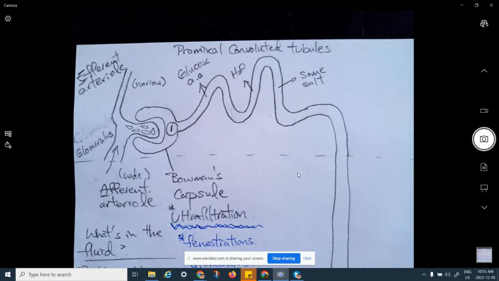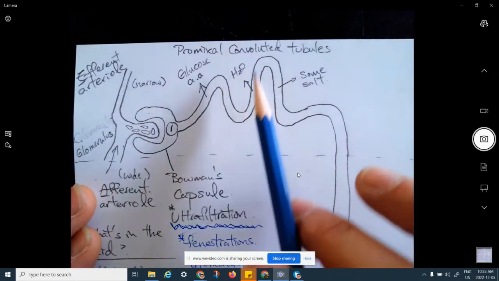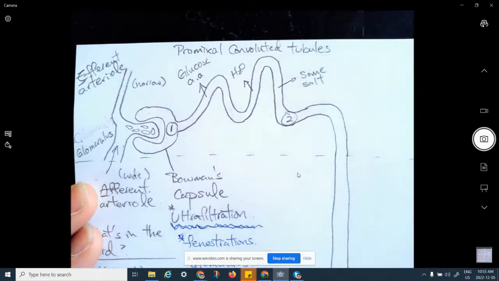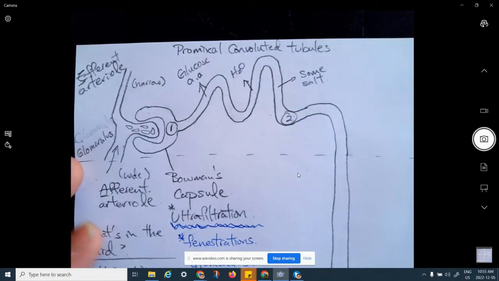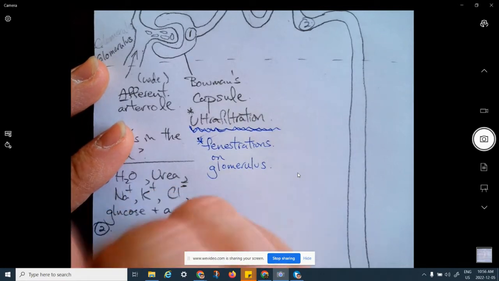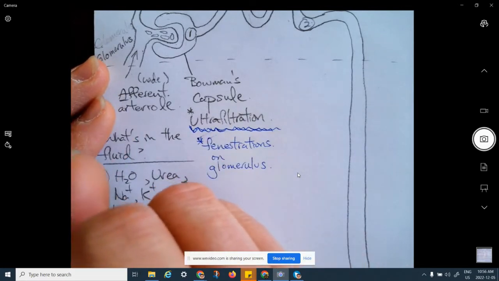Okay. So by the time it's done with the convoluted tubules, what are you going to have in your filtrate? You're still going to have urea.